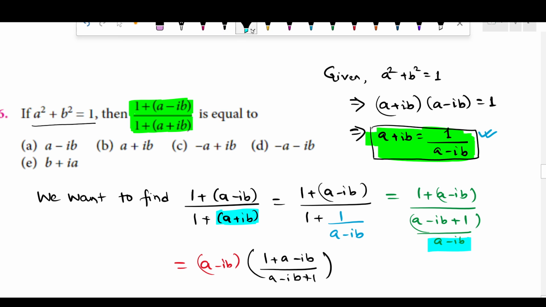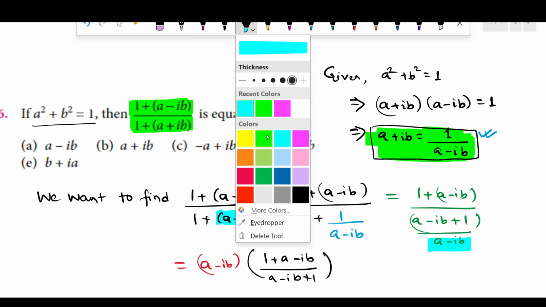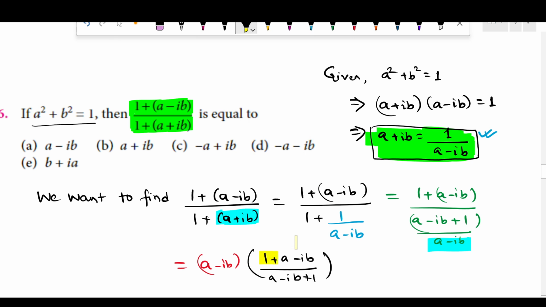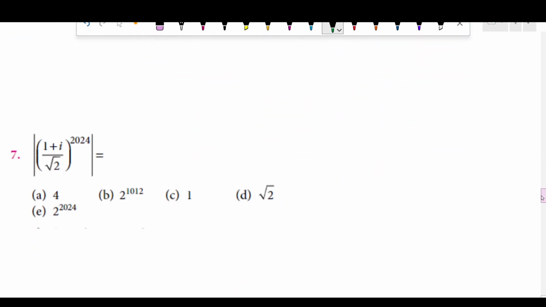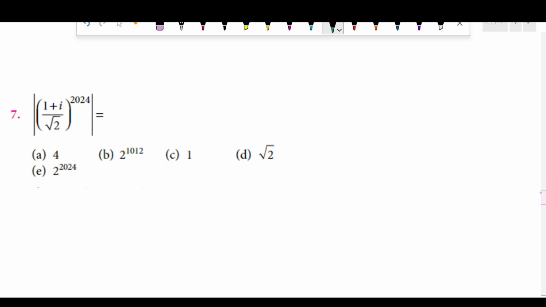If you observe a bit over here, you will get to know the numerator and the denominator are the same, right? So it gets cancelled out and we are left with the answer a minus iota b, which is the option A, right?